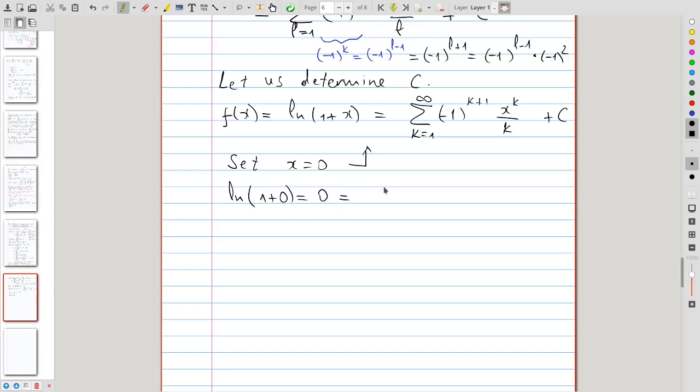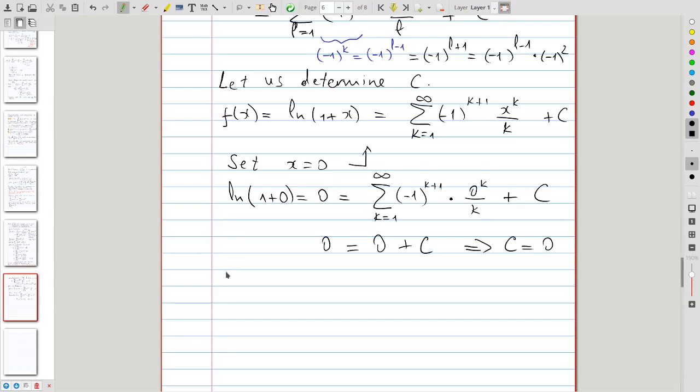And on the right hand side, we have the sum k from 1 to infinity, minus 1 to the k plus 1 times 0 to the k over k. And this entire series is simply 0. And so we have 0 equals 0 plus C, which gives that C itself must also be 0.